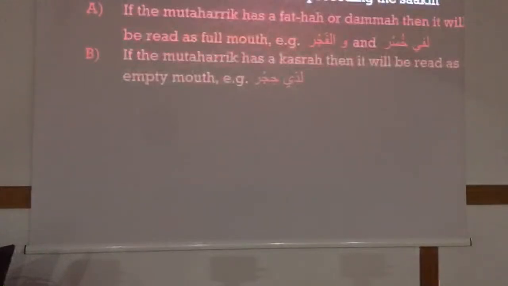Remember, this example is basically rule 2. When you look back on the front of the sheet, rule 2, you have ra mushaddad. The rule of ra mushaddad is the same as ra mutaharrik. So this ra mushaddad has a kasra, so it's going to be empty mouth. La ta'kulur riba, not riba.